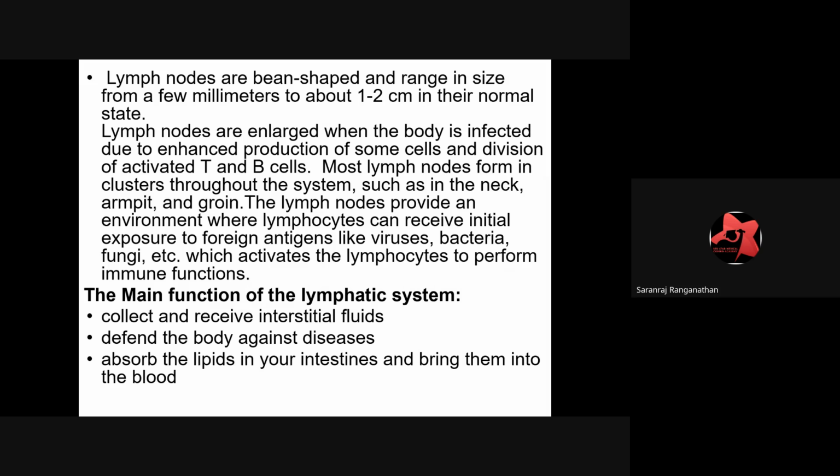Normally the lymph nodes are bean shaped, and their size is 1 to 2 centimeters. If there is an infection or any abnormality, they will get enlarged. These lymph nodes activate the immune cells if any infection is there; T cells and B cells activation is taken care of by the lymph nodes only.